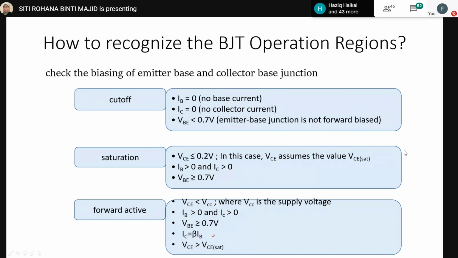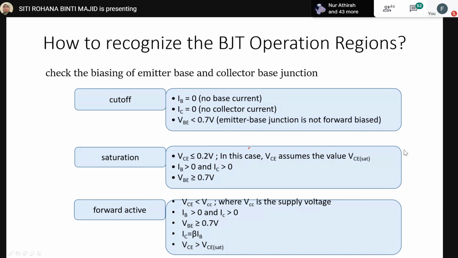Here we can calculate this. You already know that IC can be calculated from beta IB, and VCE at the output loop is bigger than VCE saturation. So how do we know the value of VCE saturation? Normally in the question, the VCE saturation value will be given.